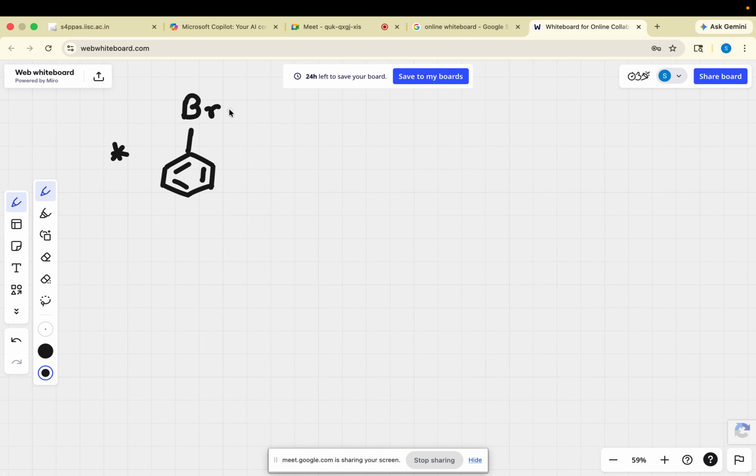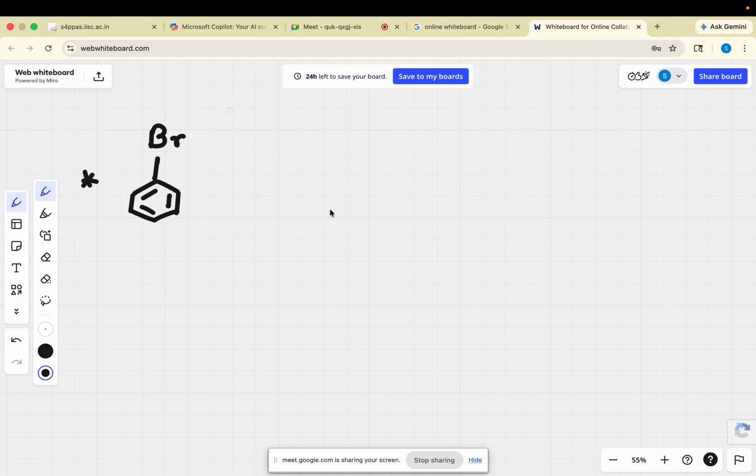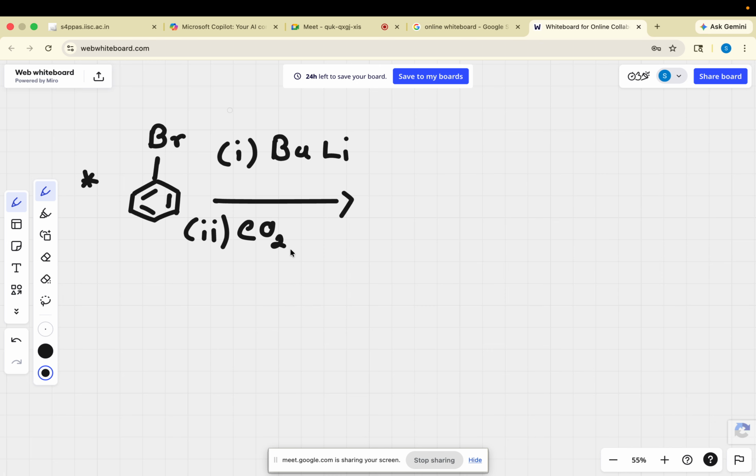Here I have this bromobenzene. Now number one reagent is this butyl lithium, and number two is CO2 in presence of H plus.